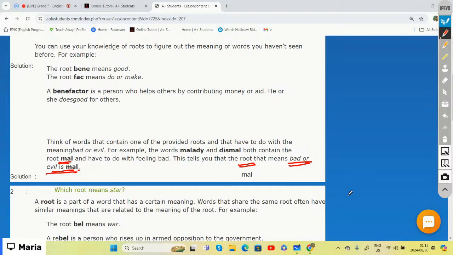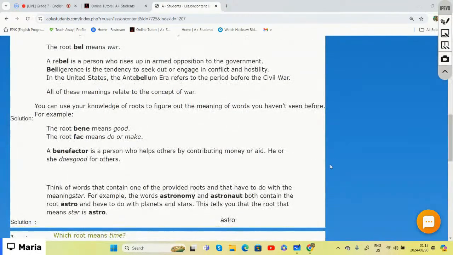All right. If we look at another example of a root word and its meaning, they say that we need to look at the words that contain one of the provided roots that have to do with star. For example, the word astronomy and the word astronaut.